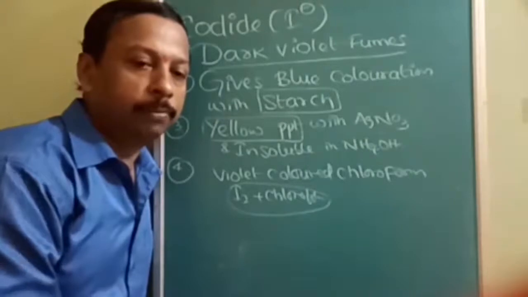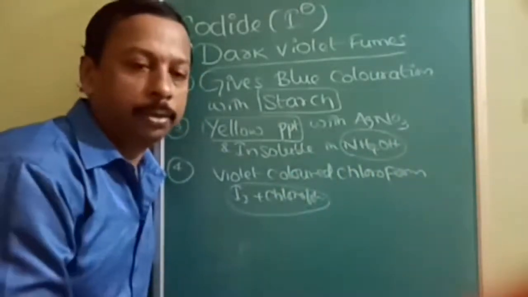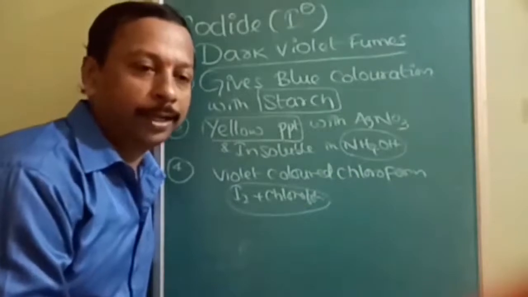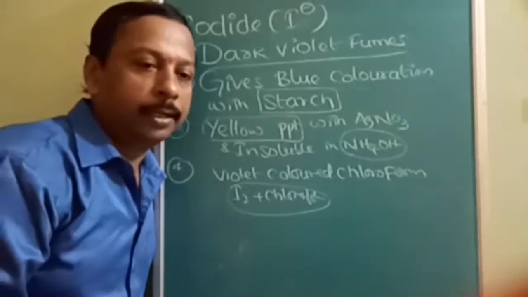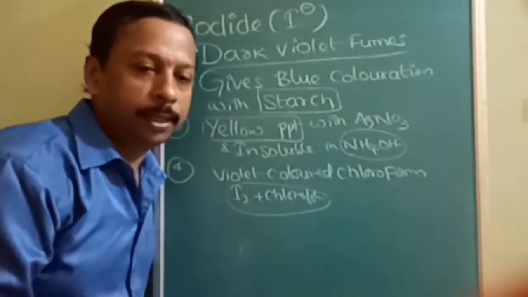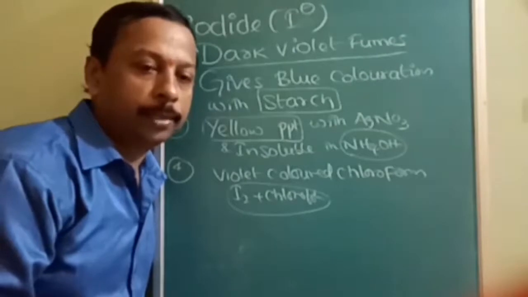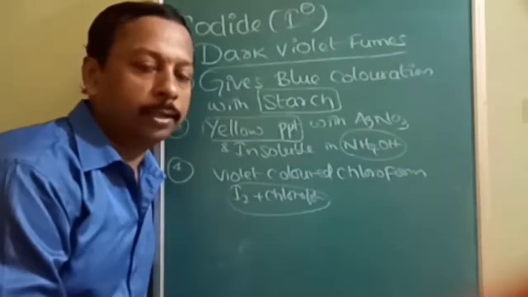To further confirm, ammonium hydroxide is used. If it is completely soluble, it is completely white and Cl minus. If it is light yellow and partially soluble in NH4OH, it is Br minus. If it is completely insoluble in ammonium hydroxide and dark yellow, then it is iodine.